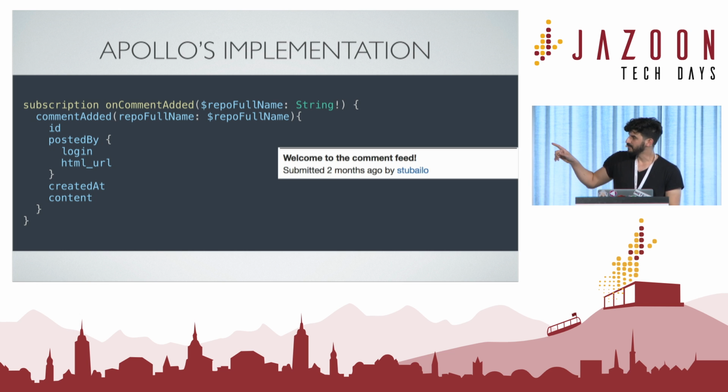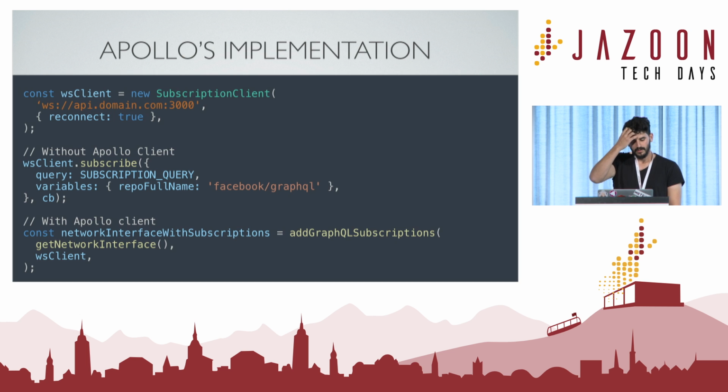So the fields we've specified here are actually just the exact fields that we need in order to render this comment view on our comments page. Next, let's define our WebSocket client. It's a simple initialization process, and once it's done, we can just call subscribe using that WebSocket client in the block in the middle over there.